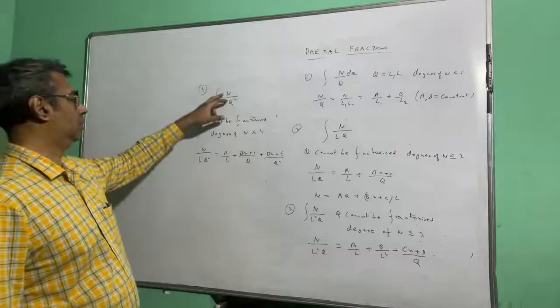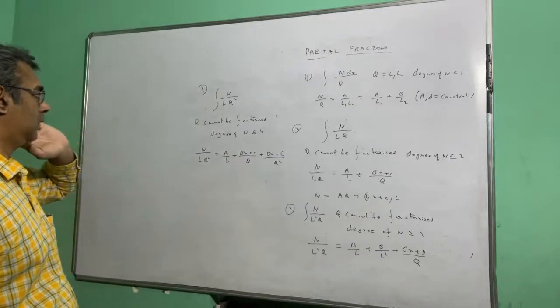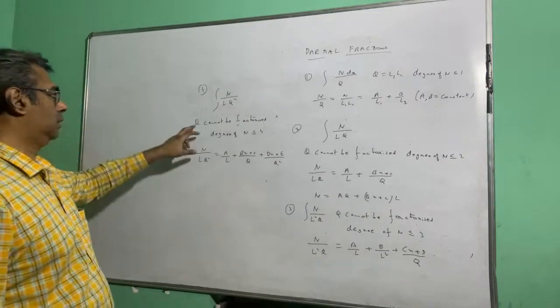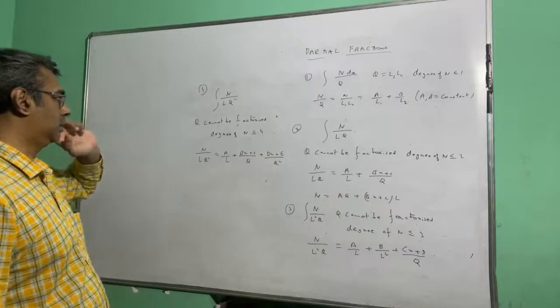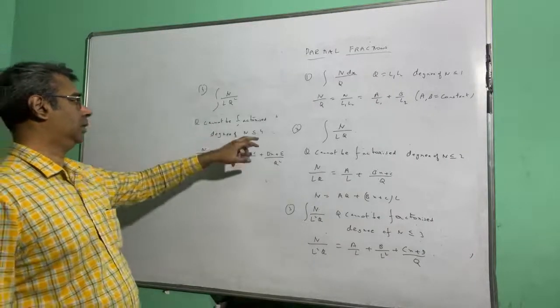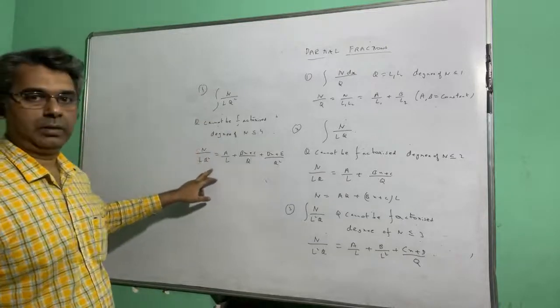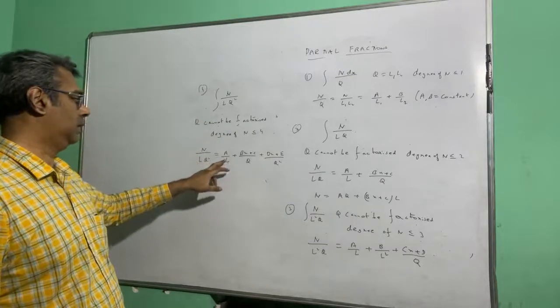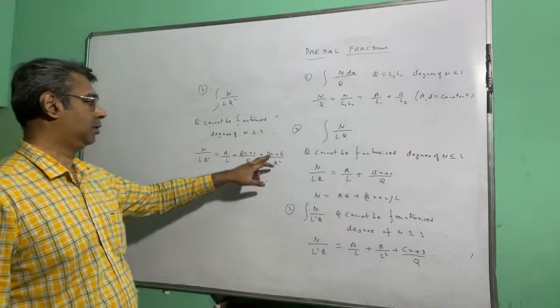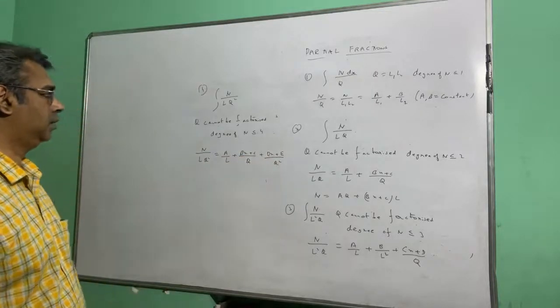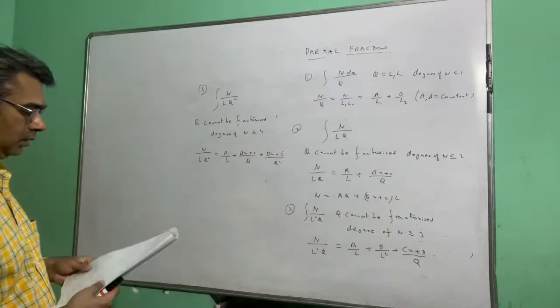So the quadratic cannot be factorized. So degree of the numerator less than equal to 4. So numerator by linear into quadratic square is a by linear plus bx plus c by quadratic plus dx plus e by quadratic square. So this is the method.